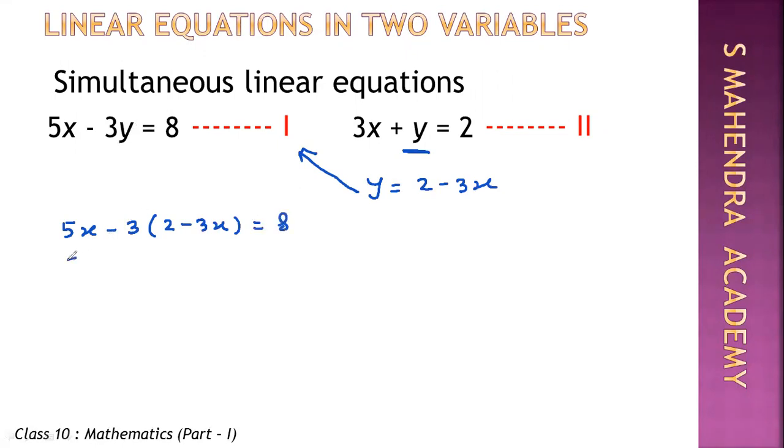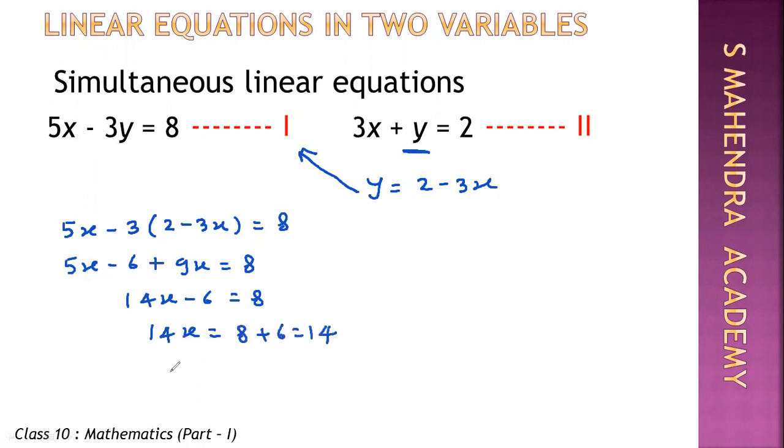After solving, we get 5x minus 6 plus 9x is equal to 8. 5x plus 9x will be 14x, minus 6 is equal to 8, and 14x is equal to 8 plus 6, that is 14, and x will be 14 divided by 14, that is 1. So here we have got the value of x as 1.